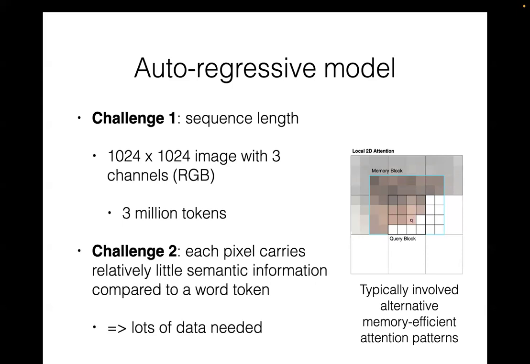So that's going to be a challenge. And then another is maybe harder to pin down, but I think it gives you good intuition: image data is slightly different than text data in the sense that each pixel might carry relatively little semantic information. Whereas each word token kind of serves a purpose.